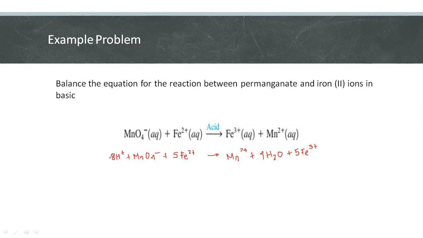So our objective is to eliminate this hydrogen plus by adding hydroxide at both sides.